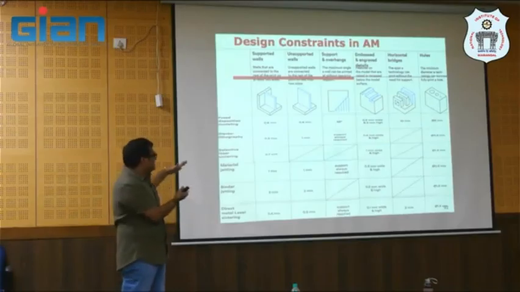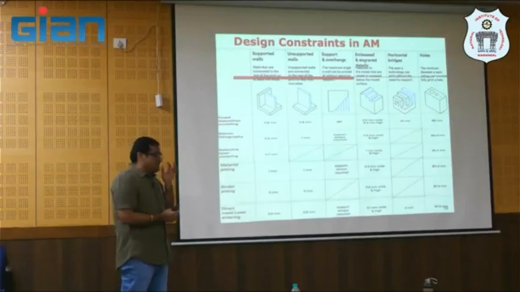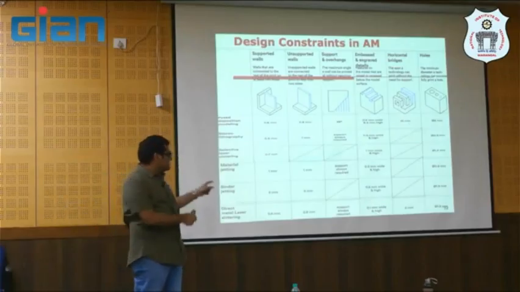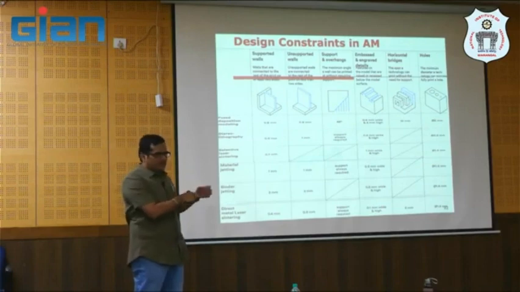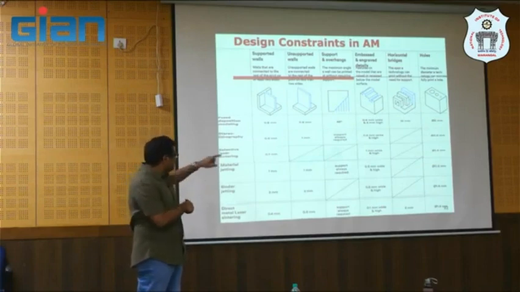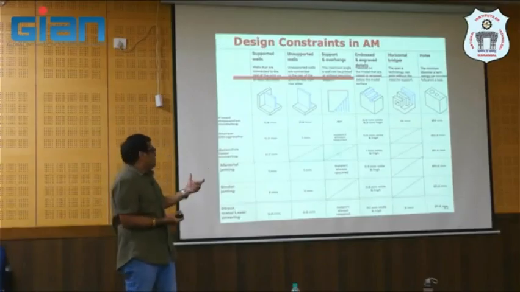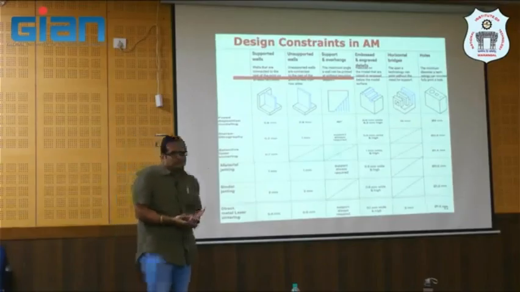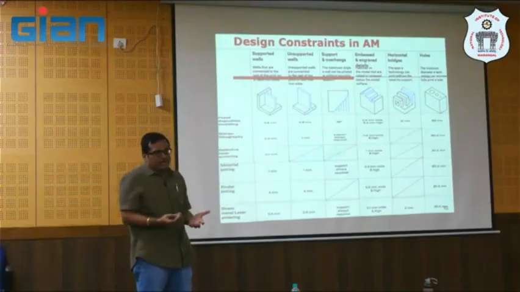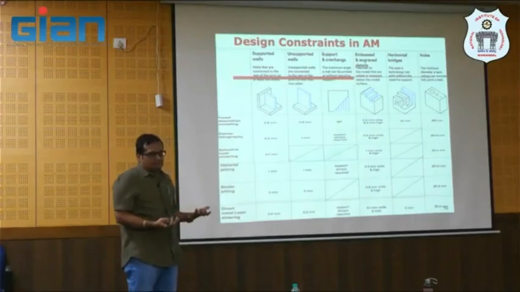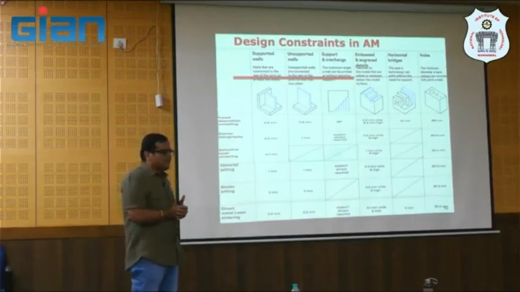So it is varying from process to process, but we need to understand this without targeting a particular technology when you are designing. Say for example, if the minimum hole size that you can realize is 2 mm in case of an extrusion based system, and you are designing a 1.5 mm hole, obviously if you try to print it on an extrusion based system, it won't realize, right?